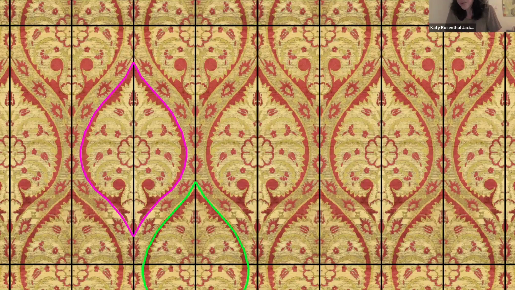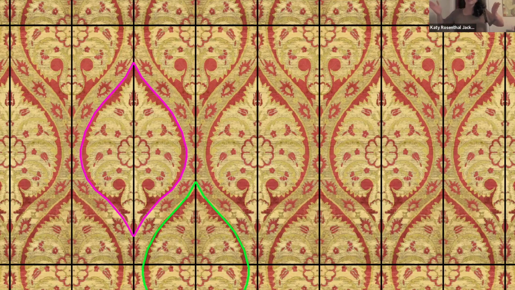And so I can answer questions about this in the Q&A. It's a little bit technical, but essentially the repeat unit gets programmed into the loom as it's being set up. And then weavers can work this design almost endlessly in the length.